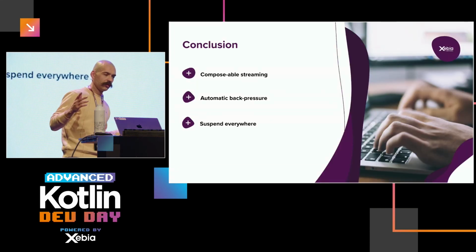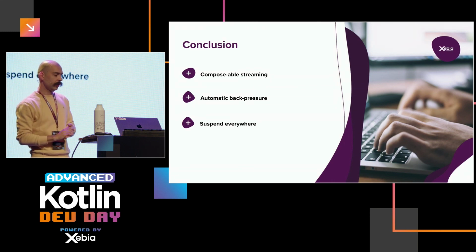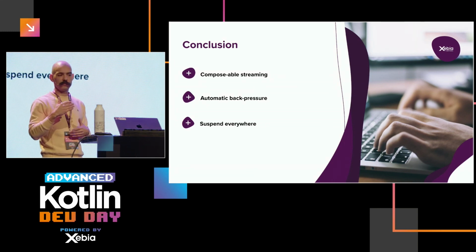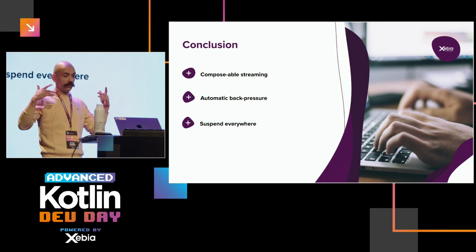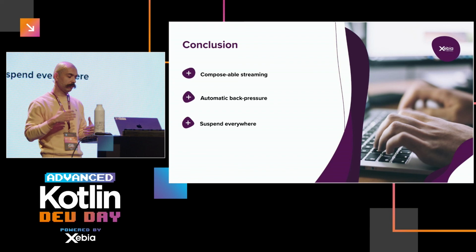So to draw a final conclusion, KotlinX Flow gives us a very efficient and strong way to reason about composable streaming in patterns that you might be familiar with from functional programming, some of the things that I talked about here. But the most critical thing here is that we get automatic backpressure thanks to this very efficient implementation by Kotlin Coroutines in the suspend system.